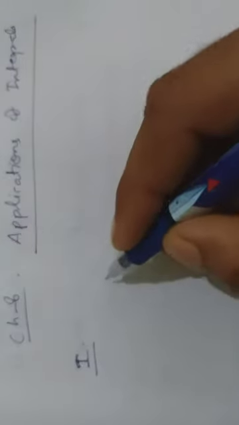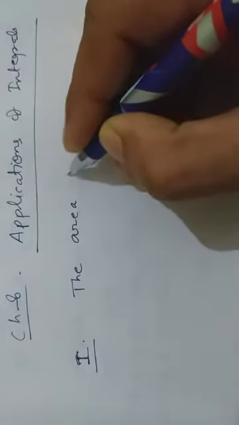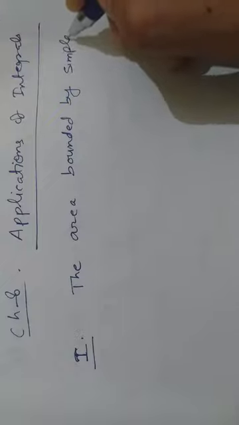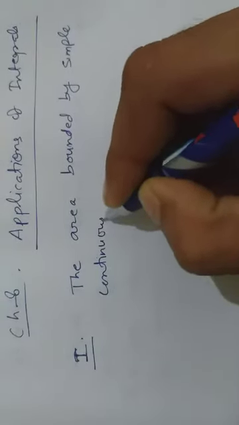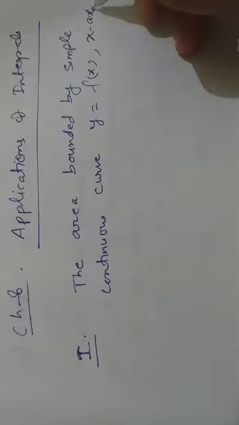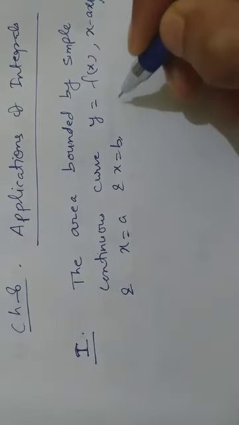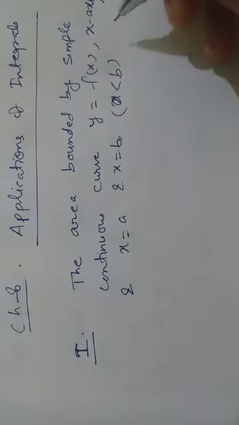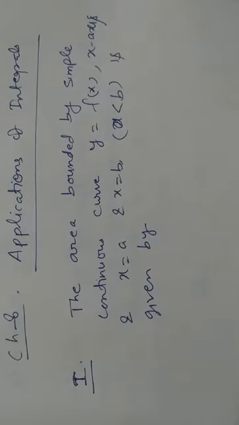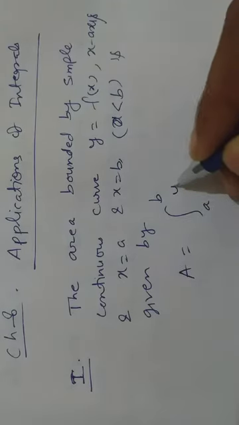Condition 1. In this we have to find the area bounded by a simple continuous curve y equal to f(x), the x-axis, and x equal to a and x equal to b, where a is less than b, is given by A equal to the integral from a to b of y dx.